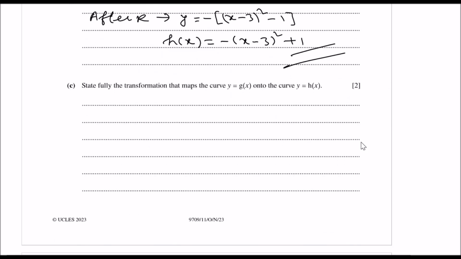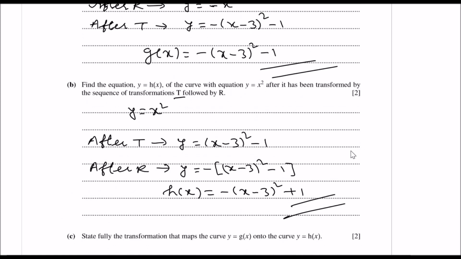Next, state fully the transformation that maps the curve y equal to g(x) onto the curve y equal to h(x). g(x) and h(x). So g(x) you can see here we have minus (x minus 3) whole square minus 1, and here what we have is minus (x minus 3) whole square plus 1.